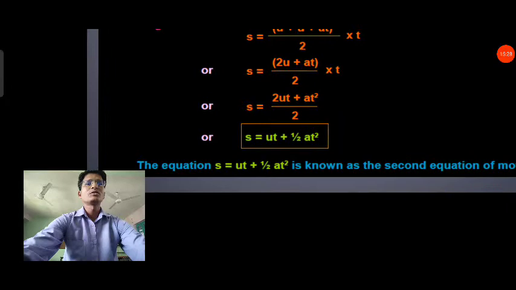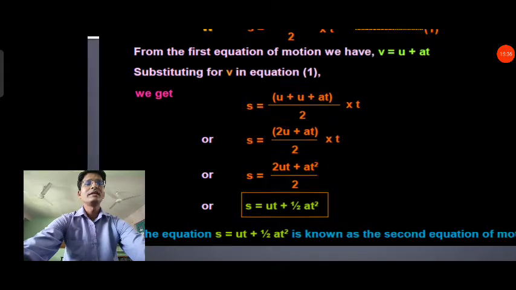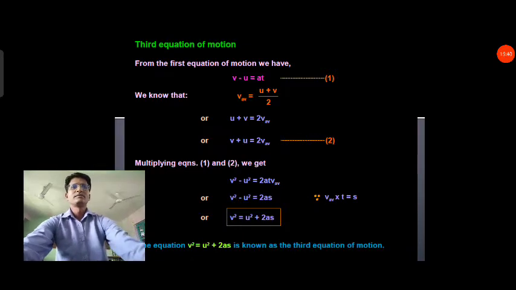So the second equation of motion is s is equal to ut plus 1 by 2 at square. Now the third equation of motion.